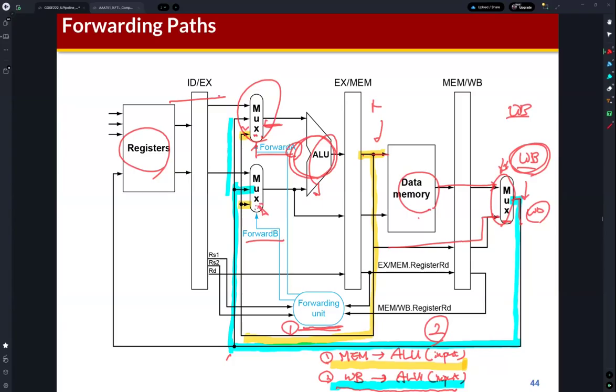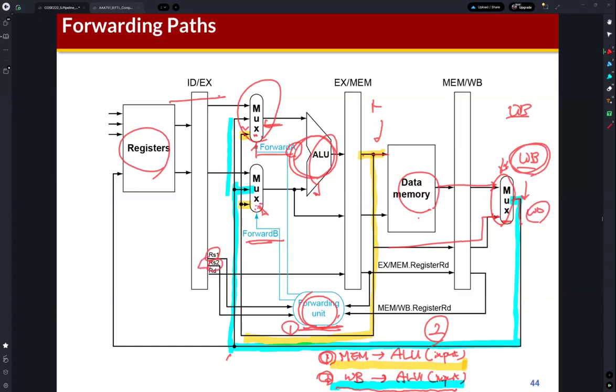And you can find that the forwarding unit generates these selection signals, the control signals. The forwarding unit detects the forwarding cases, like case number 1 and case number 2. In order to detect these forwarding cases, the forwarding unit receives RS1 and RS2.